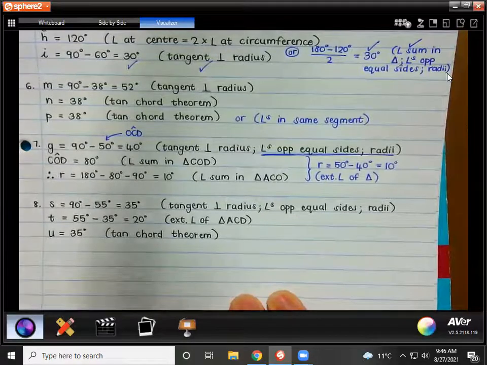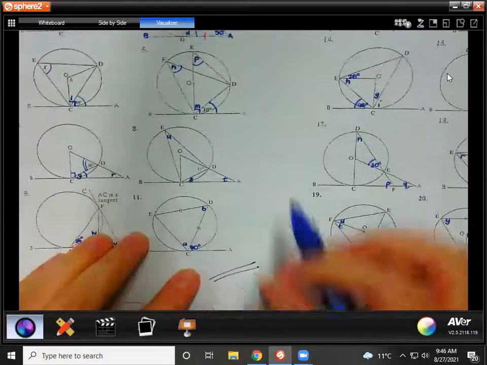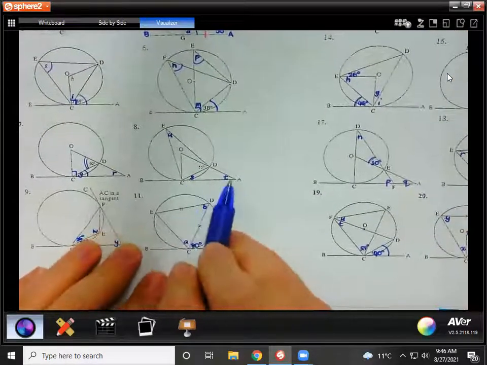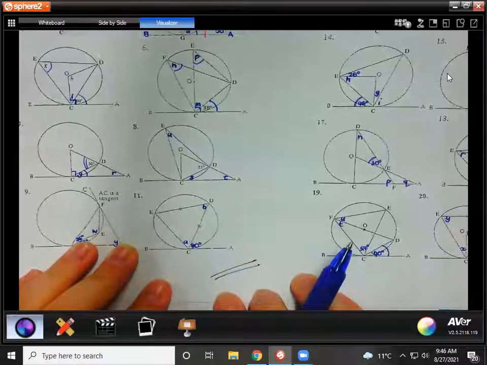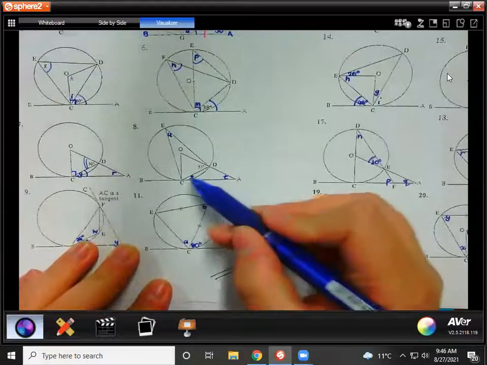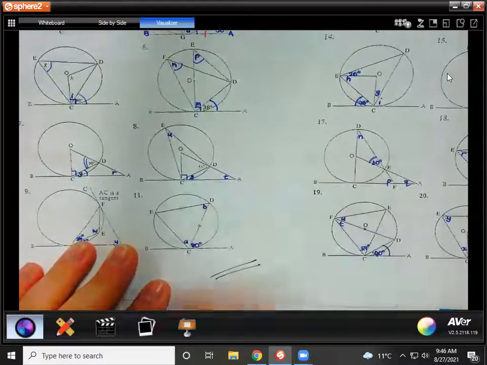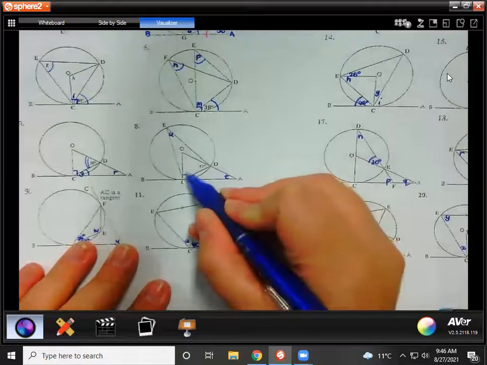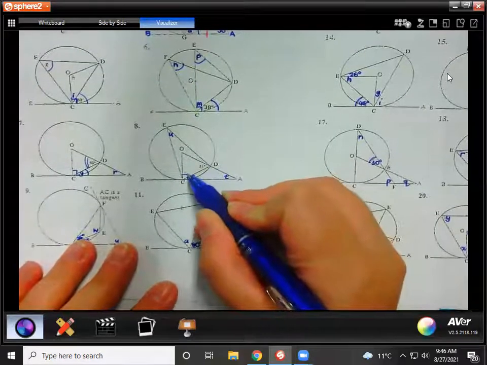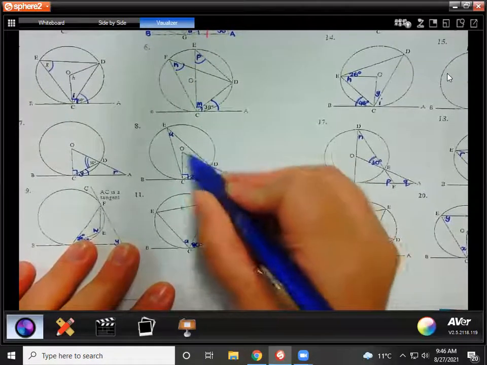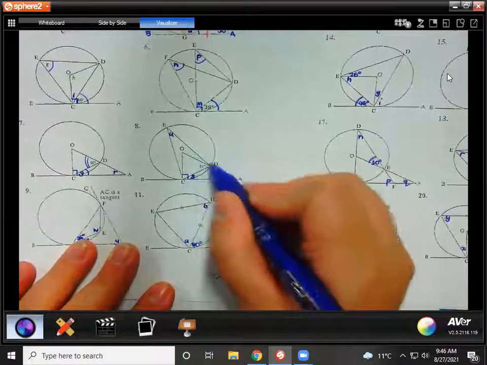Okay, let's quickly go through number 8. So here, that was an S and a T and a U. So I think I did the same thing as here, where I said that this whole angle would be 90, and that one would be 55, right? If that's 55, this one must also be 55, because again, it's an isosceles triangle. So that's what I did there.